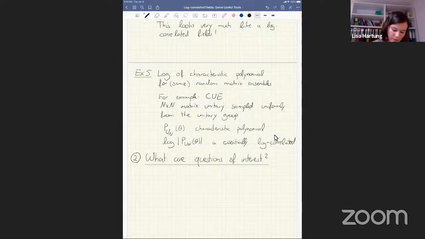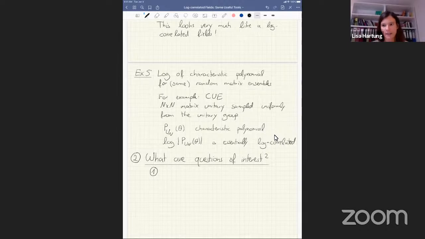The first thing one might be interested in. A lot of the motivation to study these types of models actually comes from statistical physics, where these log correlated fields appear as toy models for disordered energy landscapes.